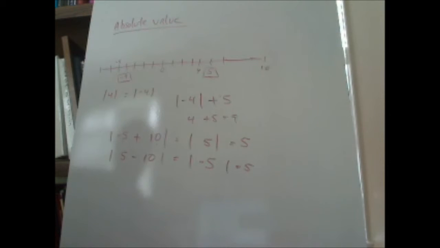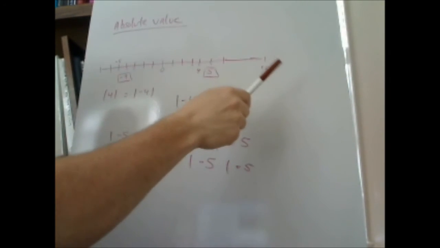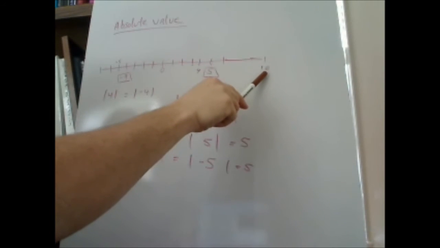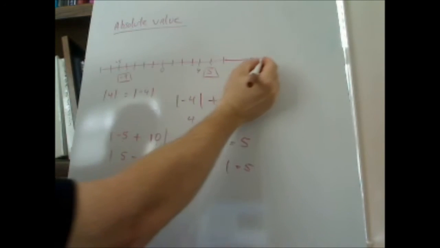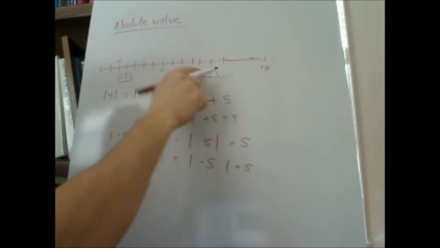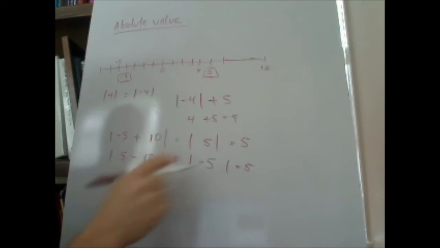And it doesn't really tell you much, to be honest. All it's telling you is taking 5 away from 10 gets you over to here, is what that does here on the number line. Okay, that's what it actually tells you in absolute terms here.